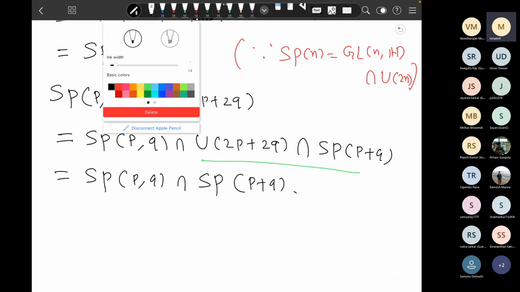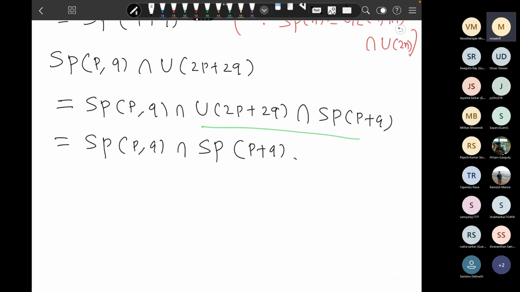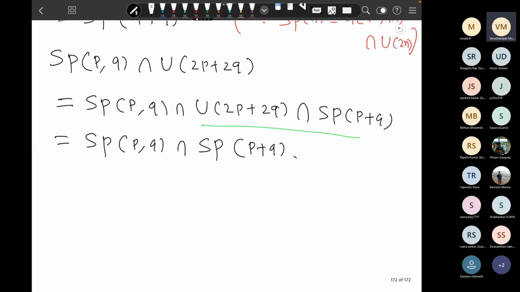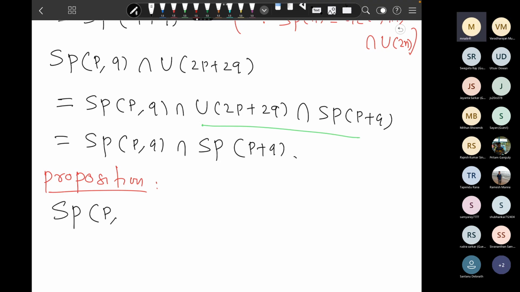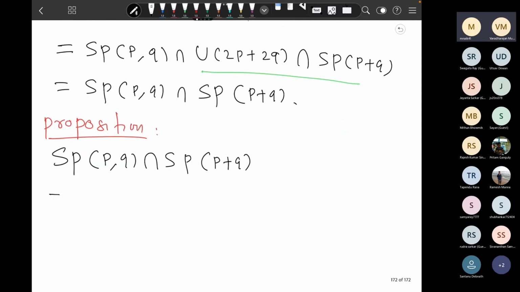Yes, Kumar. Okay, so this is the thing. So this is SP(P,Q) intersection SP(P+Q). So this will be something.